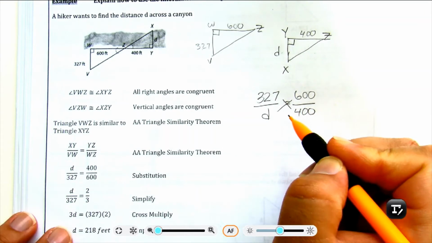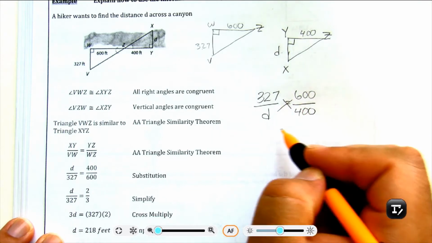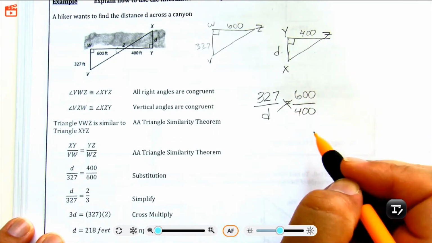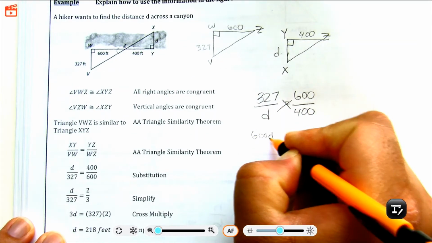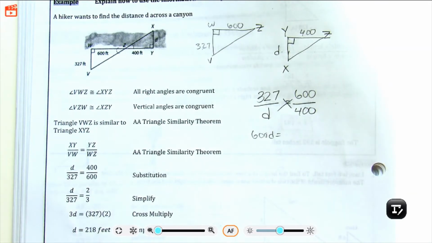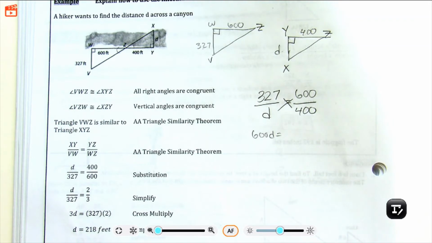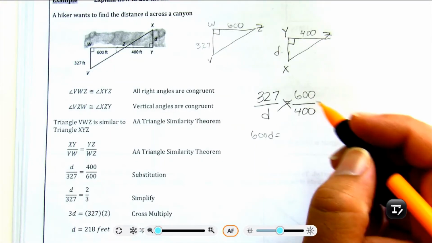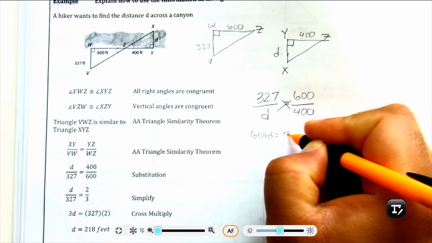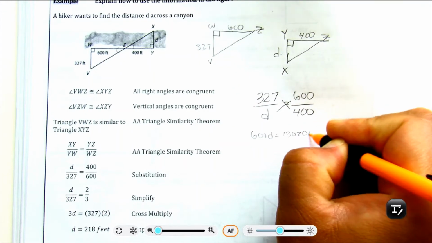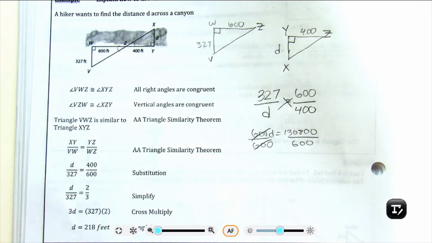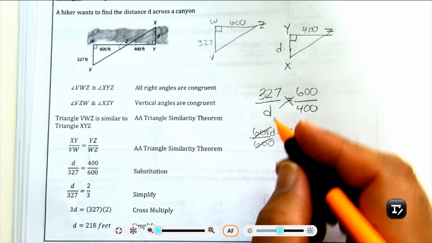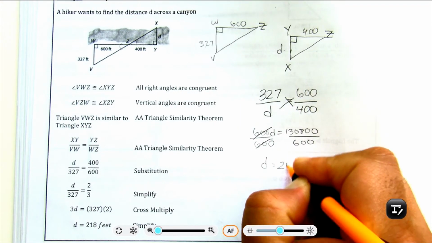These are big numbers, so let's just do 600 times D is 600D. 327 times 400 is 130,800, and then divide both sides by 600, and I get D is equal to 218 feet.